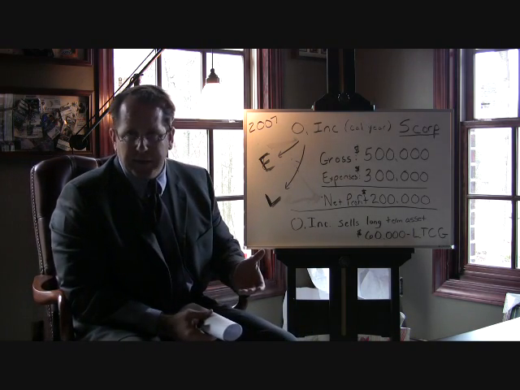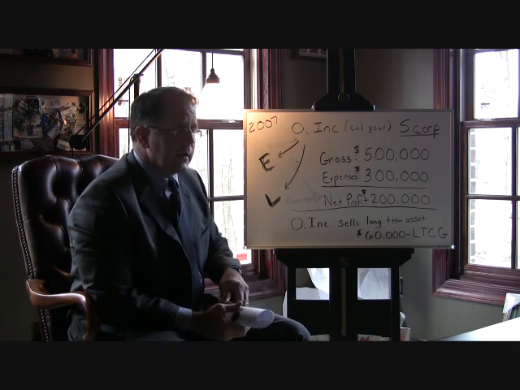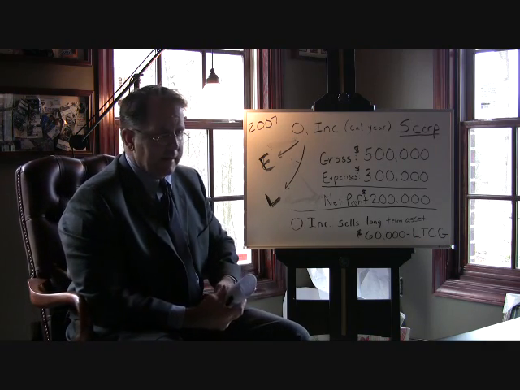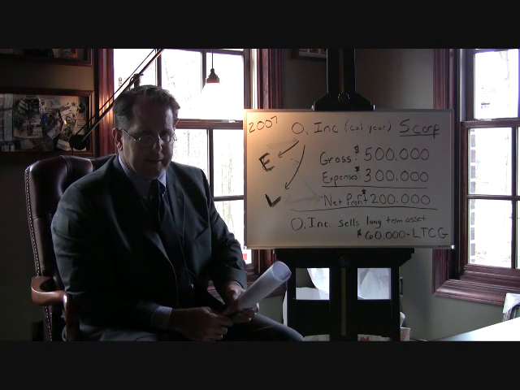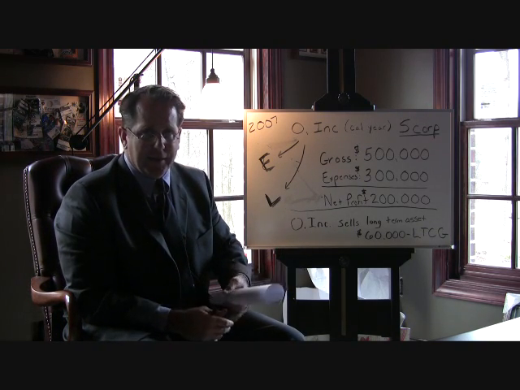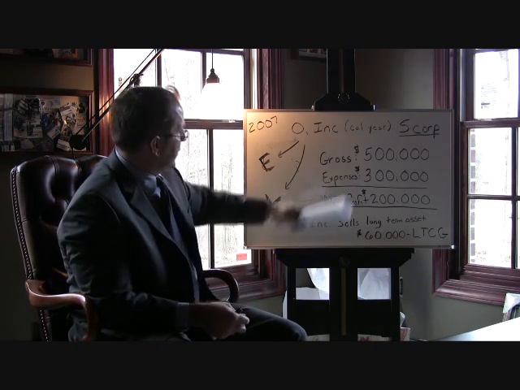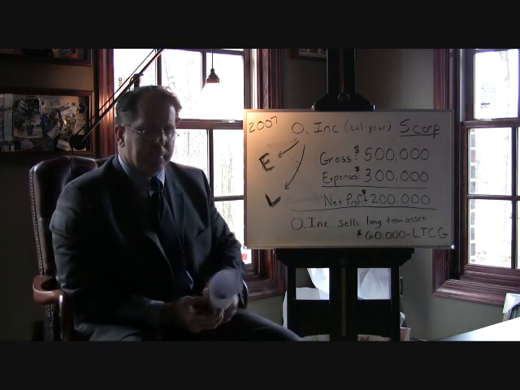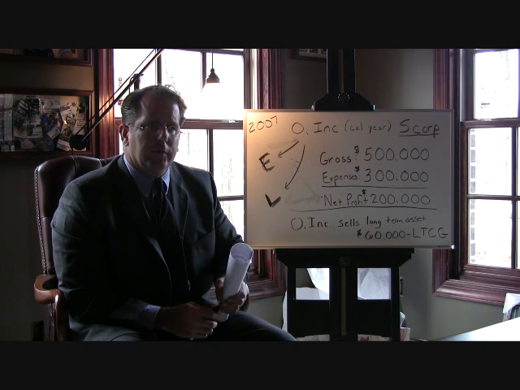If we had LLP, we would know we're likely dealing with a limited liability partnership. Although because of the check the box regs, you'll have a pretty good idea of what the entity is reporting as, and by entity, I mean whether corporation, partnership, etc. But in this case, we're dealing with an S Corp. It's got net profit of $200,000 that's going to be distributed equally to its two shareholders.